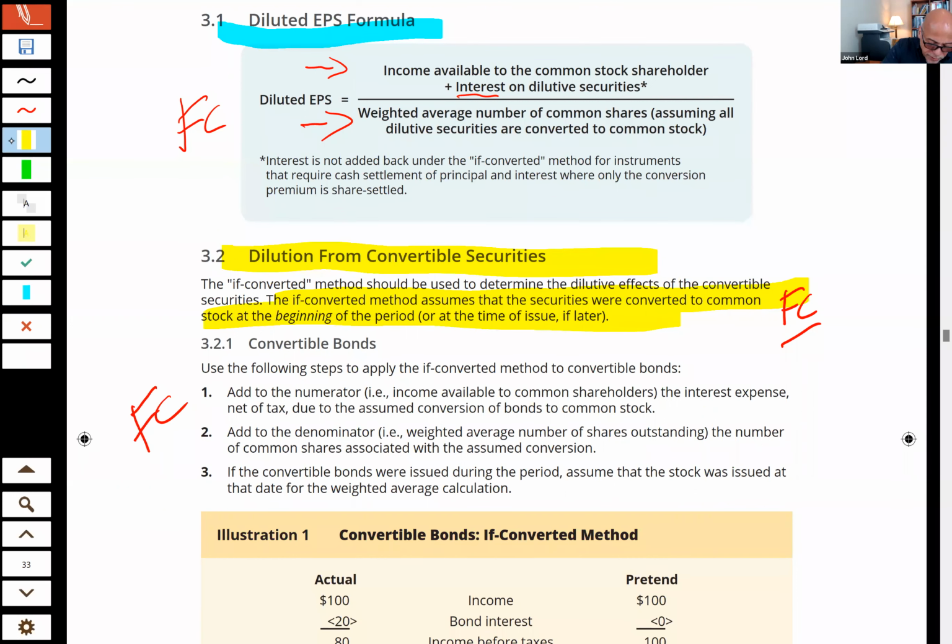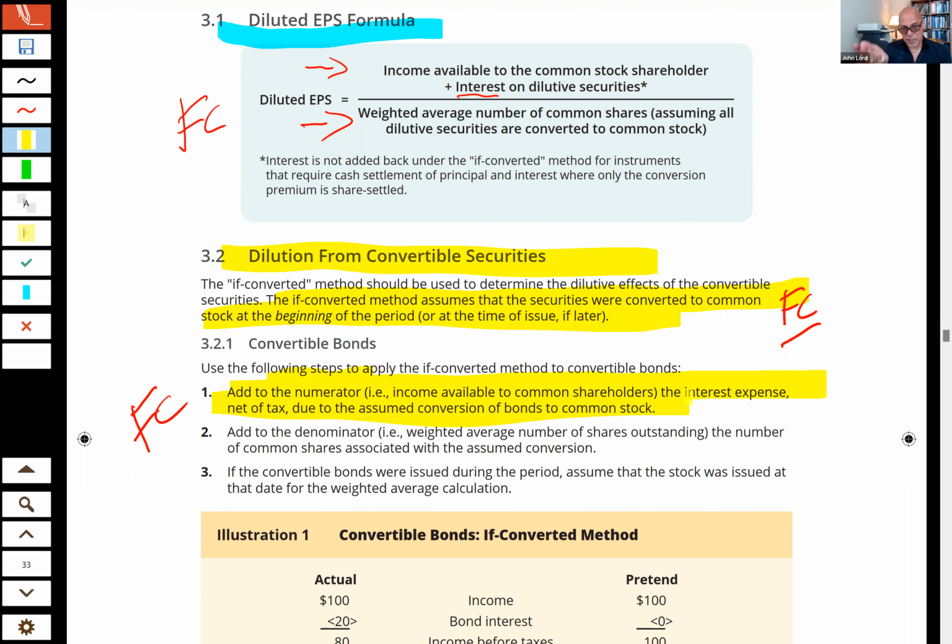So let's look at the numerator in our calculation of our diluted earnings per share. Add to the numerator income available to common shareholders, which means you would be putting back interest expense net of tax, because if you didn't have the bonds, you wouldn't have to pay that interest. And when you pay interest, what happens? That shields a certain amount of money from income tax.